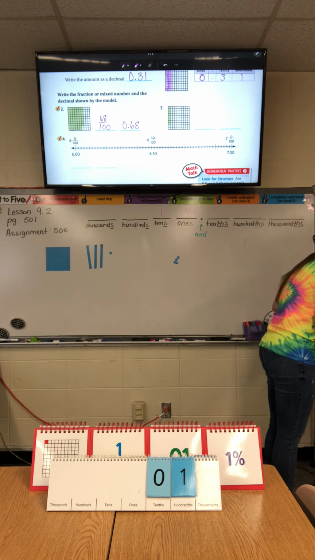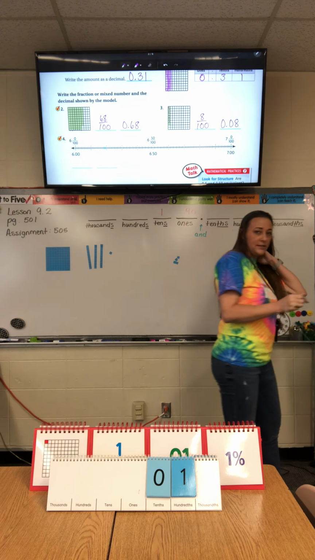Over here we have 1, 2, 3, 4, 5, 6, 7, 8. So 8 out of 100, or 8 hundredths, and then 0 ones, 0 tenths, and 8 hundredths.